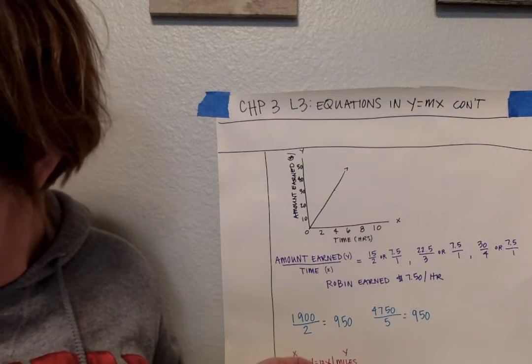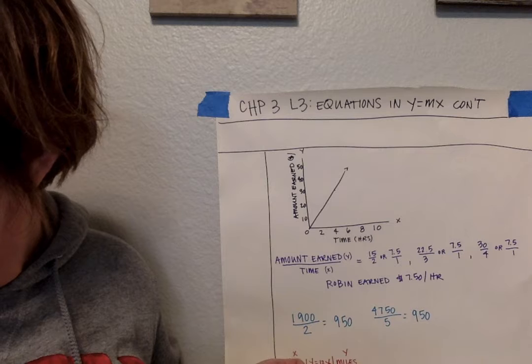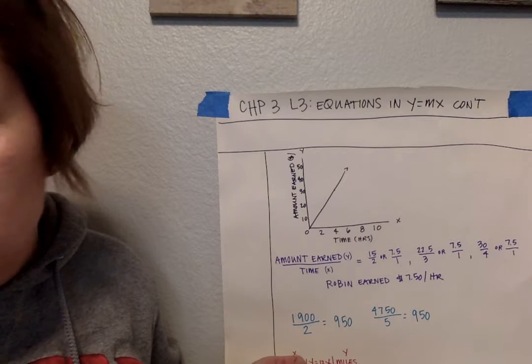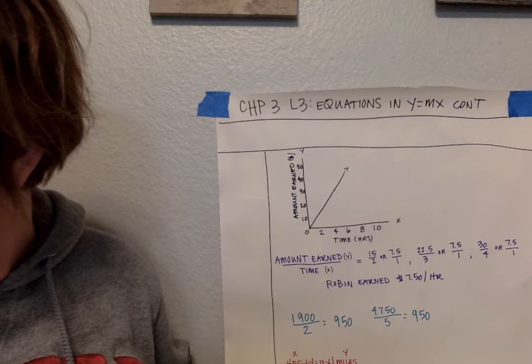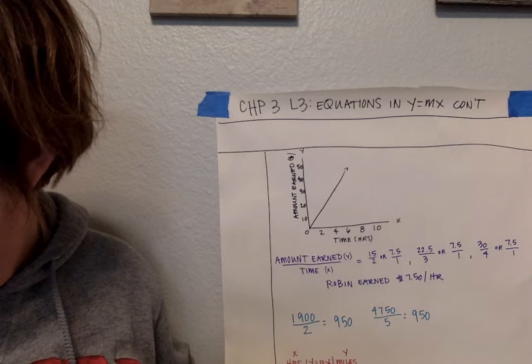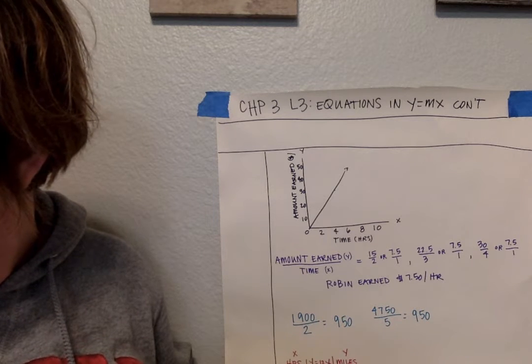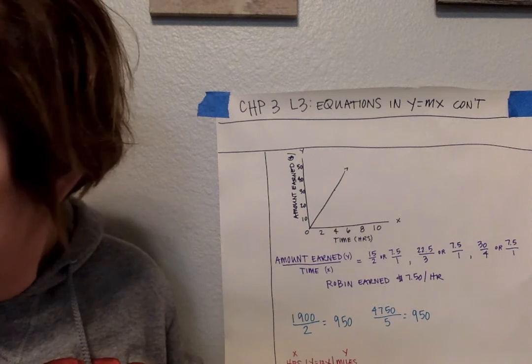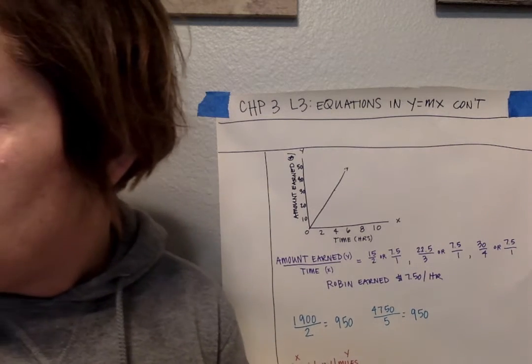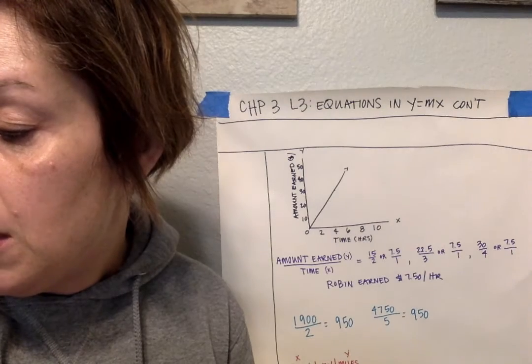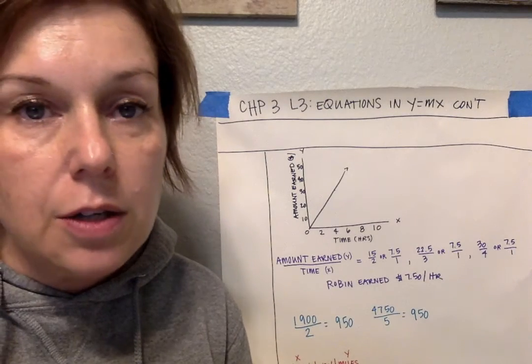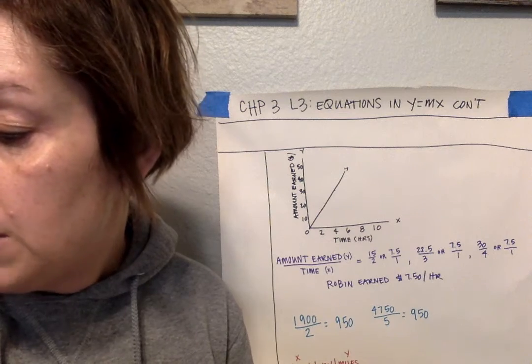2 minutes after a skydiver opens his parachute, he has descended 1,900 feet. After 5 minutes, he has descended 4,750 feet. If the distance varies directly with the time, at what rate is the skydiver moving? Again, this has to be the distance varying directly with the time.